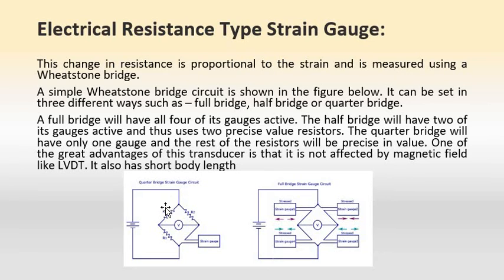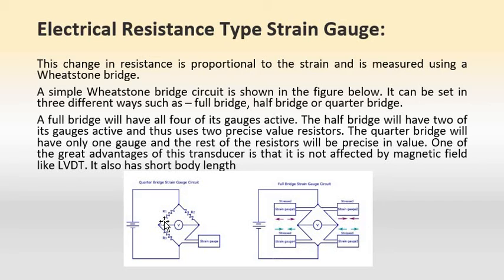Okay, so in this figure, when R1 by R2 is equal to R3 by R4, then no current will be flowing through the middle voltmeter. As a result, the voltmeter will show null deflection. That is the balance of a Wheatstone's bridge.